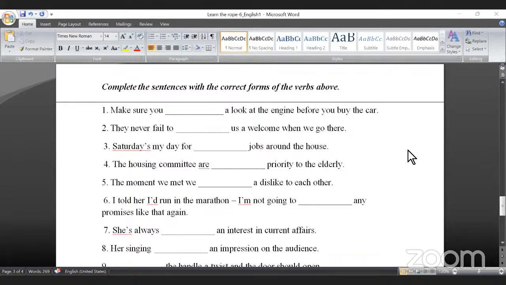Get. Sorry? What was that? I think get. Give or get? I did not hear you. Get. Get jobs around the house. What does that mean? Tell me about the implied meaning so that we understand it better.